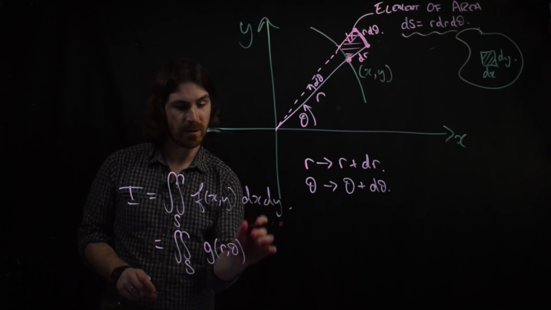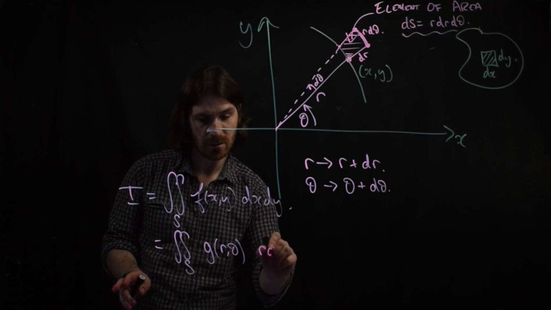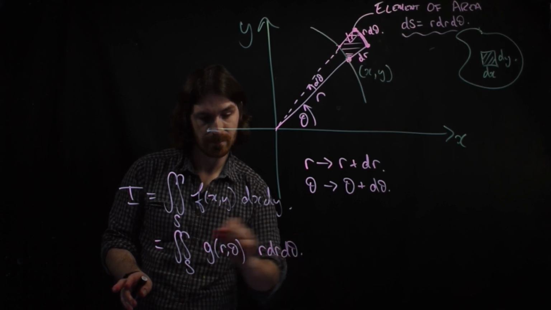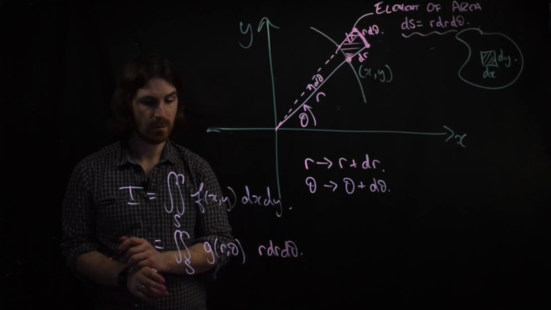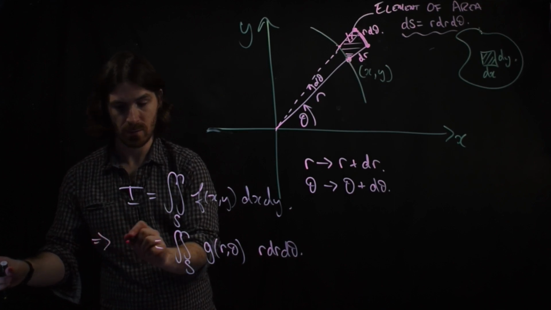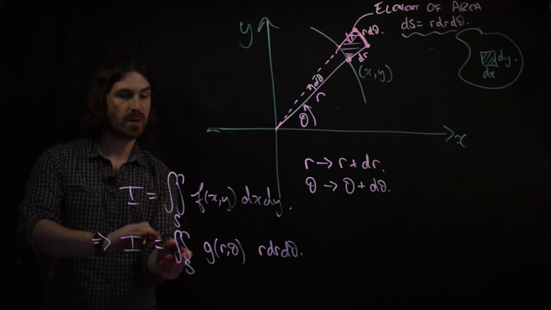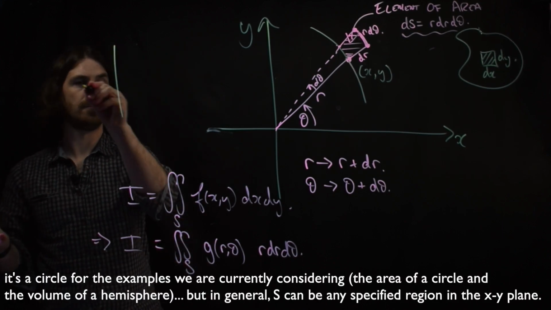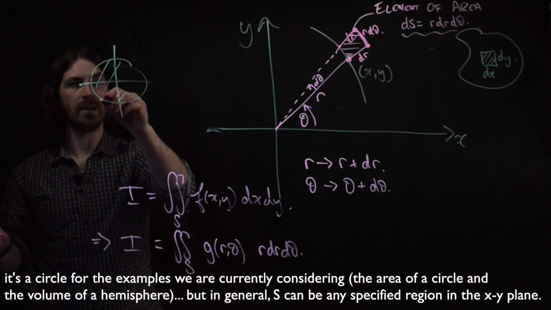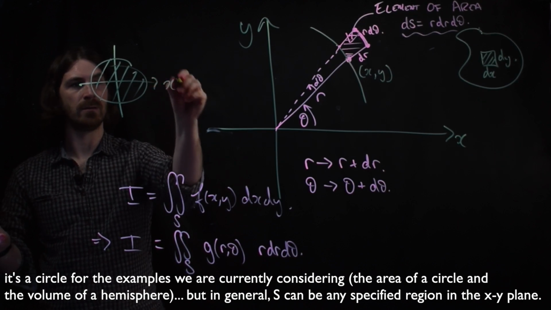And our element of area, this ds, is now r dr d theta. The region S is the same in both cases, it's the circle of radius a in the xy plane.